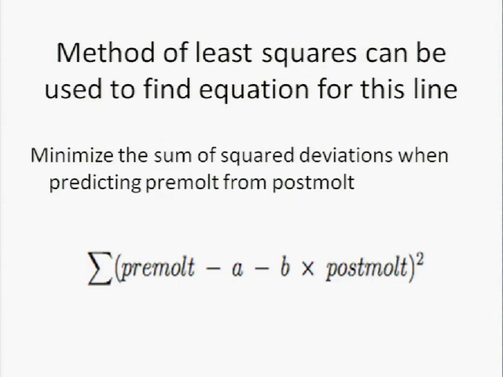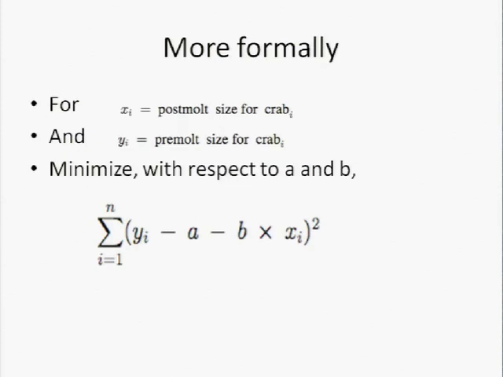Okay, so more formally, this is what Dr. Nolan wrote. You can think of y as the value that you're trying to predict. X is the value that you're given, which is the post-molt size, and we're trying to predict the pre-molt size. A and B are the parameters of your line equation.